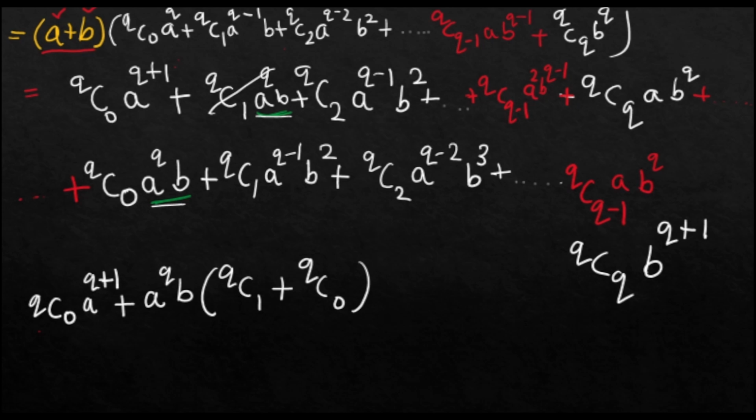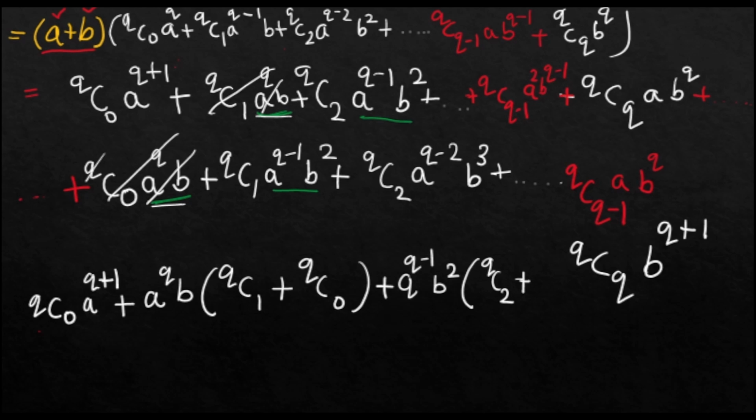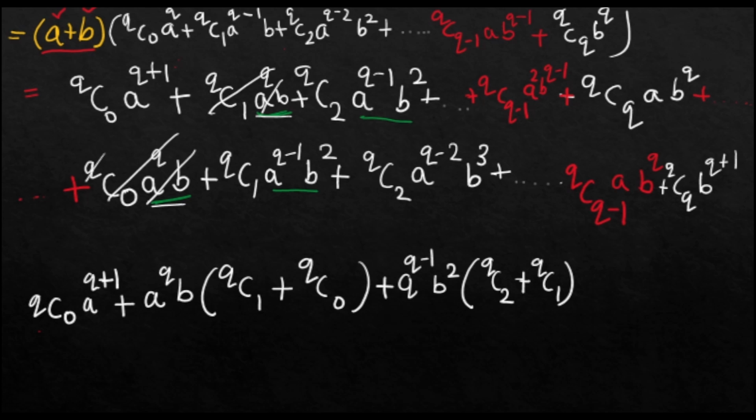Okay, so this is done. Now I am cutting it so we won't get confused. Now look for other like terms, this one and this one. So our next term is plus AQ minus 1 B square, with common coefficients QC2 plus QC1. Now look for other like terms. This one and this one are like terms. So we will write this plus like terms.